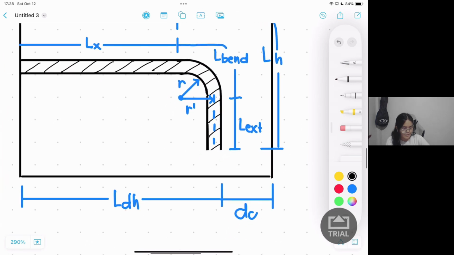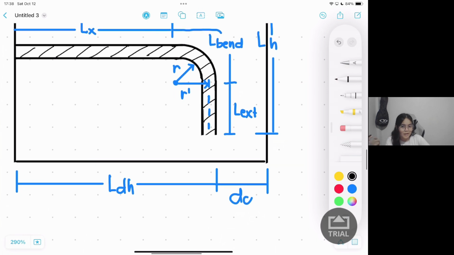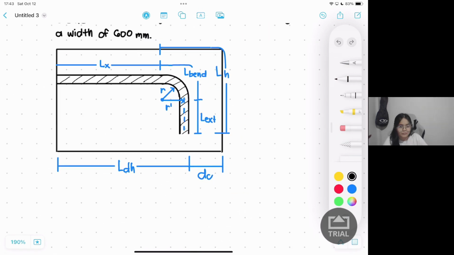And we have the L sub EXT or yan yung length of extension nung RSB natin after the bending. Para makuha natin yung length ng anchorage or the total length of the RSB, kailangan muna nating makuha yung individual value ni L sub X, L sub bend, at saka ni L sub EXT.